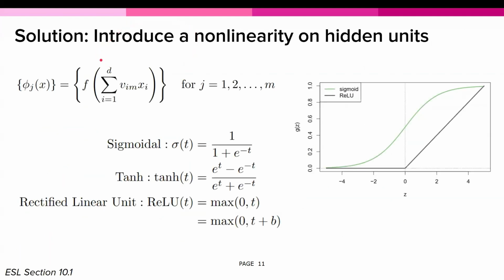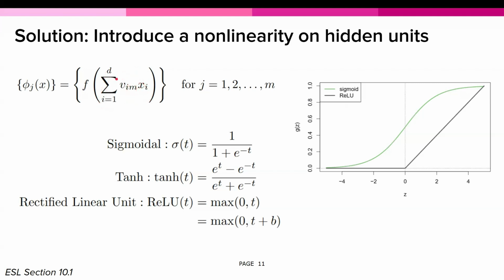So what we're going to do instead is define our features by applying some nonlinearity. We're going to introduce some function f, which is a nonlinear function of a weighted combination of the input features.